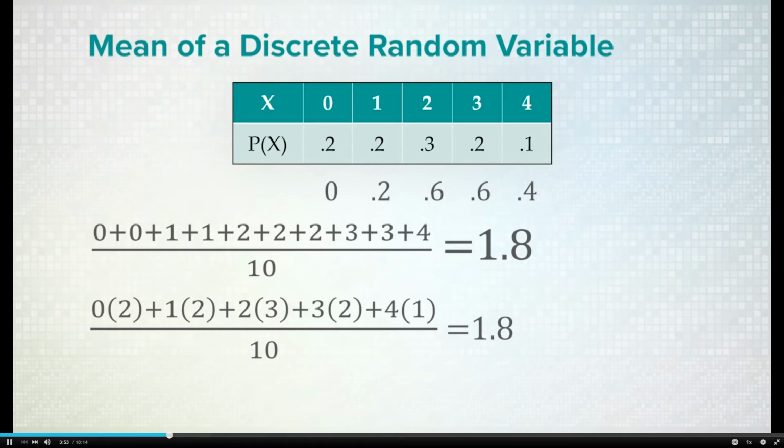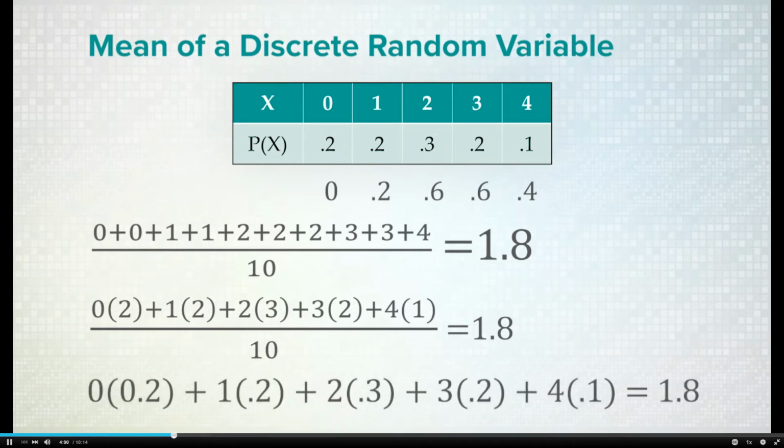Well, what if I take that denominator and give it to each one of my terms? What I end up with is that 0 and 2 divided by 10, or 0 times 2 tenths, or 0 times 0.2. I can do this for each one of my terms.